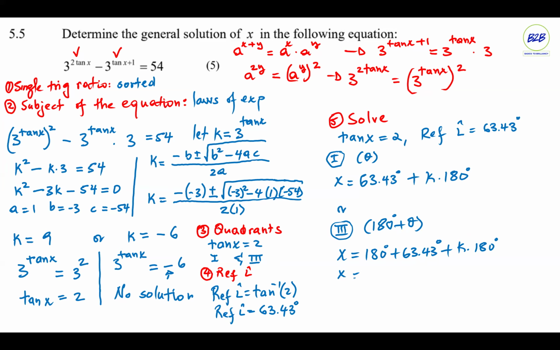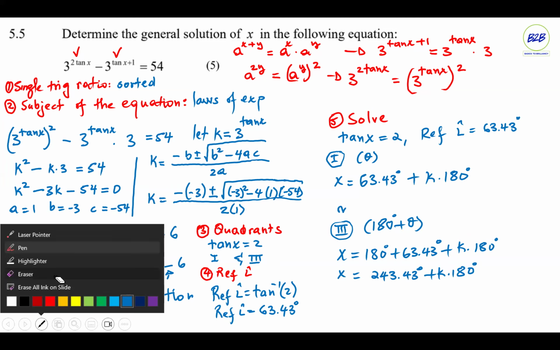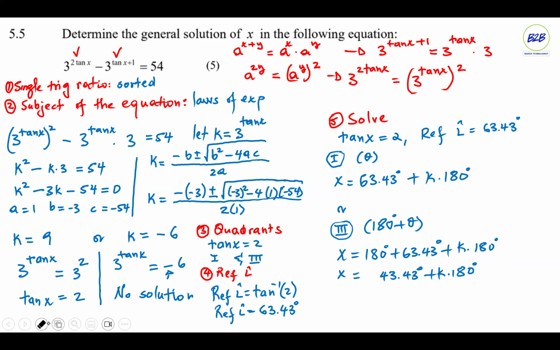Then that would be x is equal to 243.43 degrees plus k times 180 degrees, where k is an element of integers.